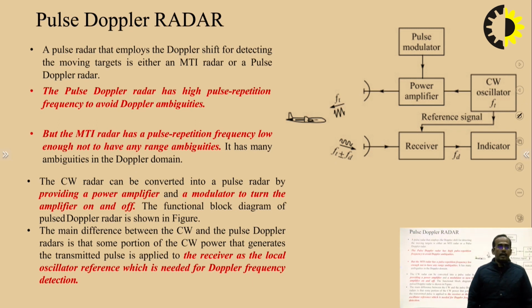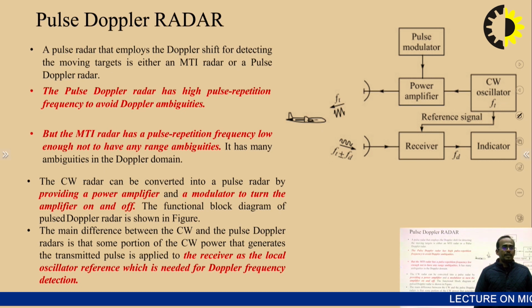The pulse Doppler radar has a high pulse repetition frequency to avoid Doppler ambiguities, but the MTI radar has a pulse repetition frequency low enough not to have any range ambiguities. It has many ambiguities in the Doppler domain.